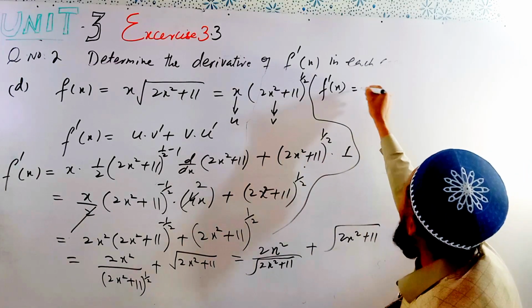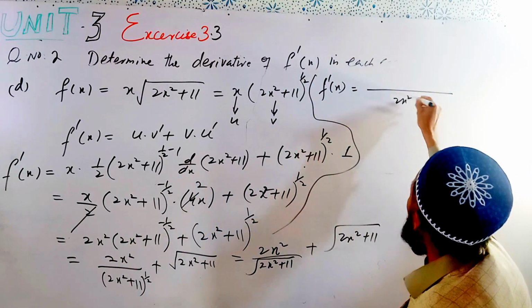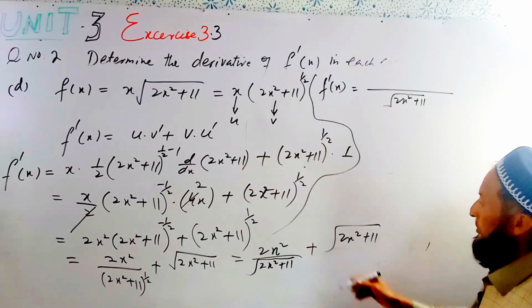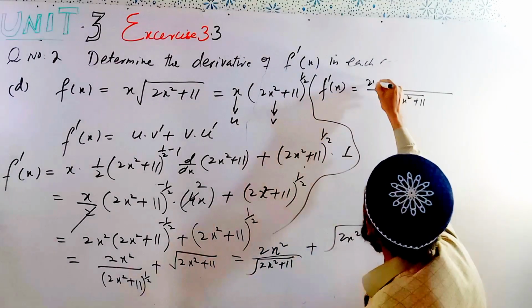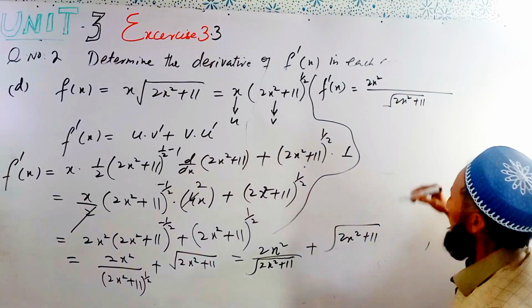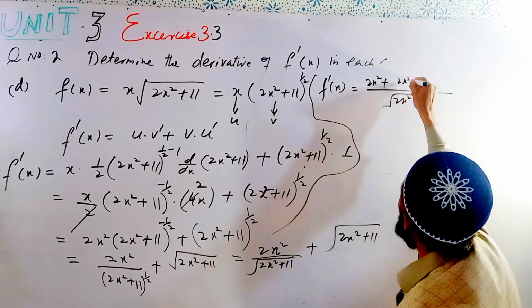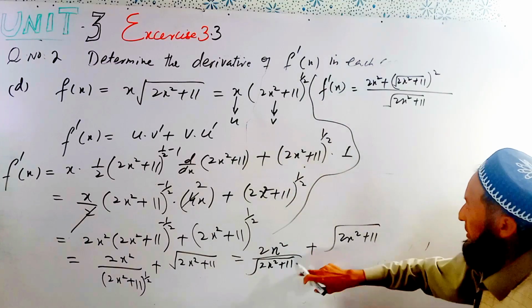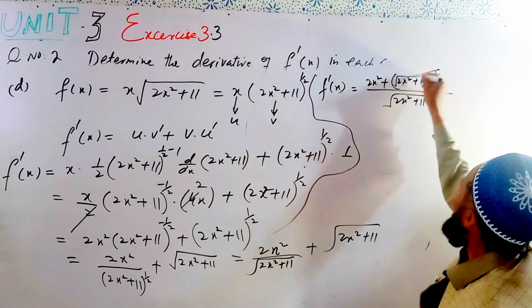If we take here the LCM, √(2x² + 11), we get 2x², and 1 is multiplied by this term, plus (2x² + 11) whole square, because we multiply this term, so both are cancelled.